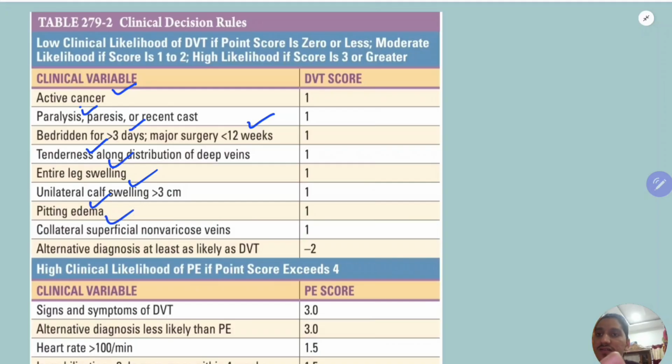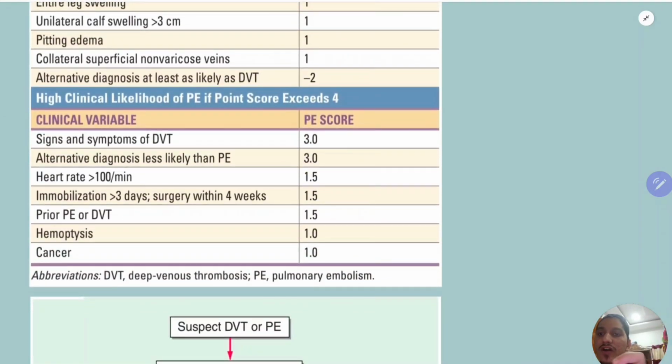These are all risk factors for DVT. Now, this is important. For pulmonary embolism, you should have at least 4 points to say high risk. If it is less than 4 points, then it is low risk for pulmonary embolism.